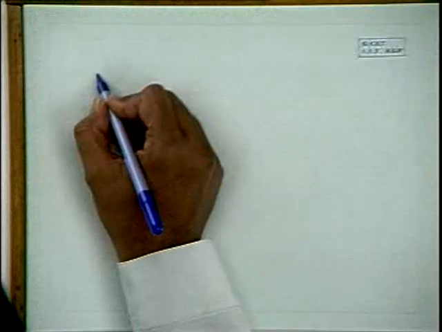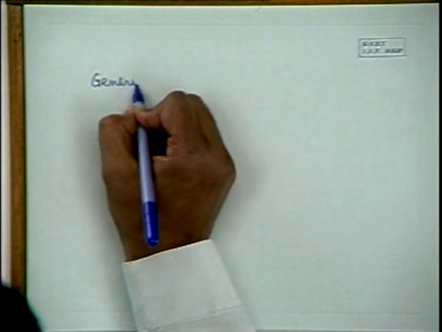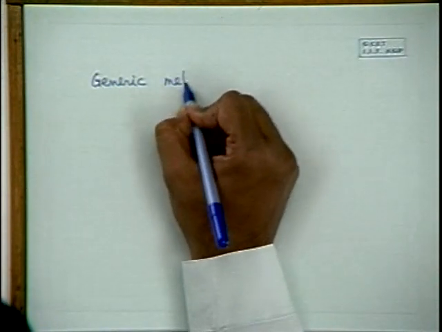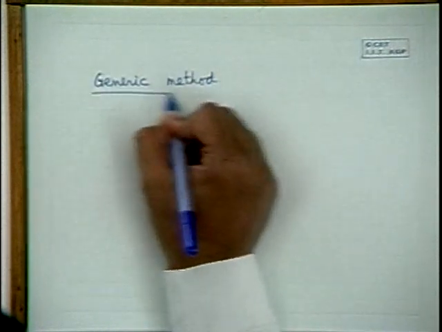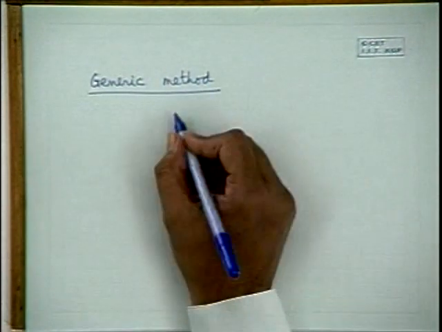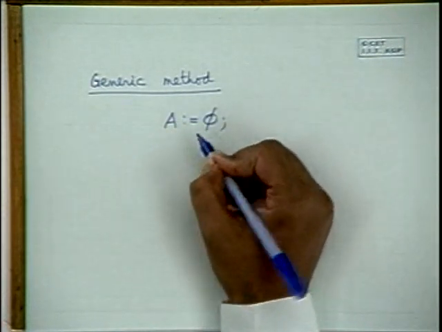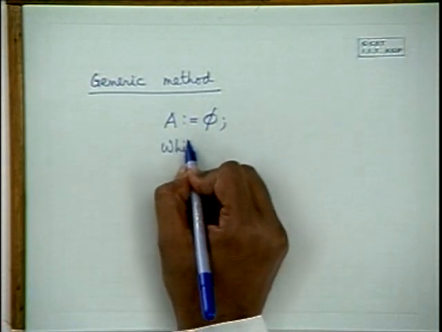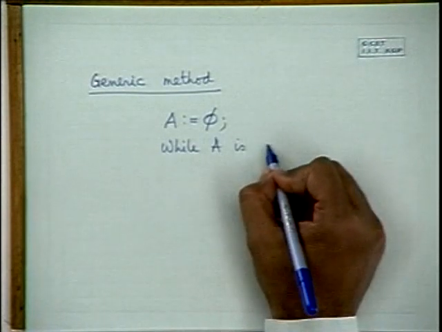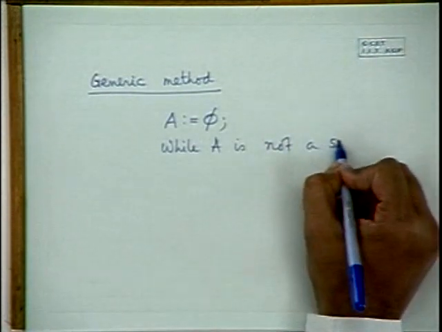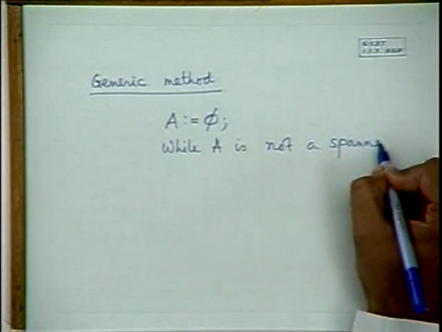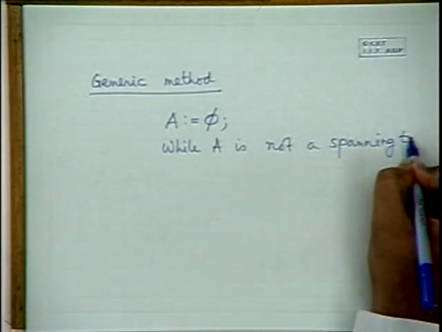Okay, so now I am going to give you the algorithm for computing the MST with these two definitions. And you will see actually the algorithm is not saying much. But nobody can claim that it is incorrect. Initially the set A is empty. While A is not a spanning tree, how can you verify A is a spanning tree?